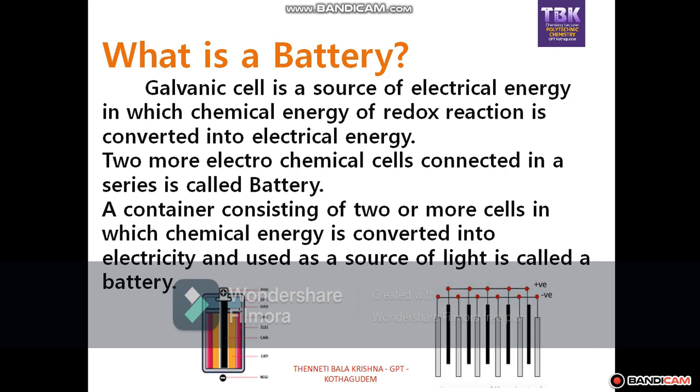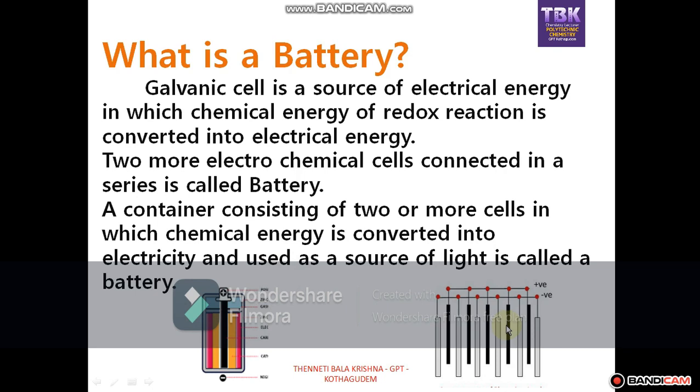So what is the difference between a cell and a battery? Both generate electricity, both are galvanic cells. A cell contains one anode and one cathode. It also generates electricity, but it contains one anode and one cathode.